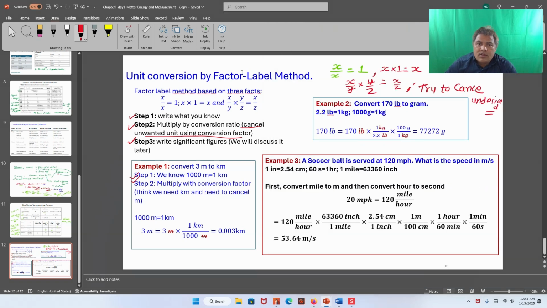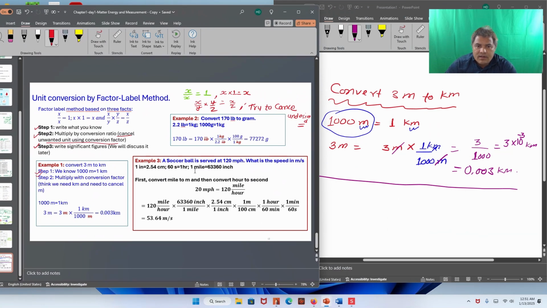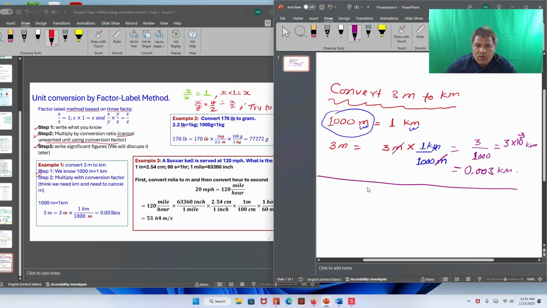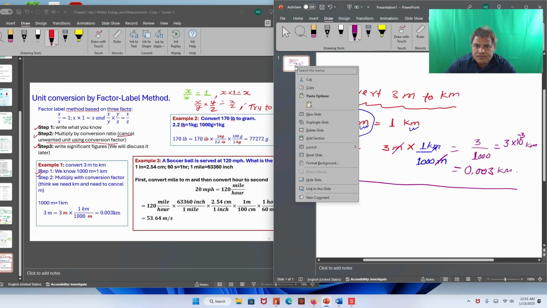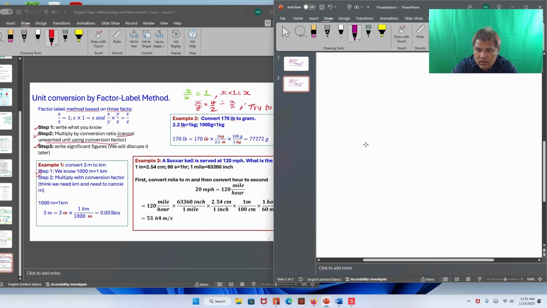Now let's see another example. A soccer ball is served at 120 mile per hour.